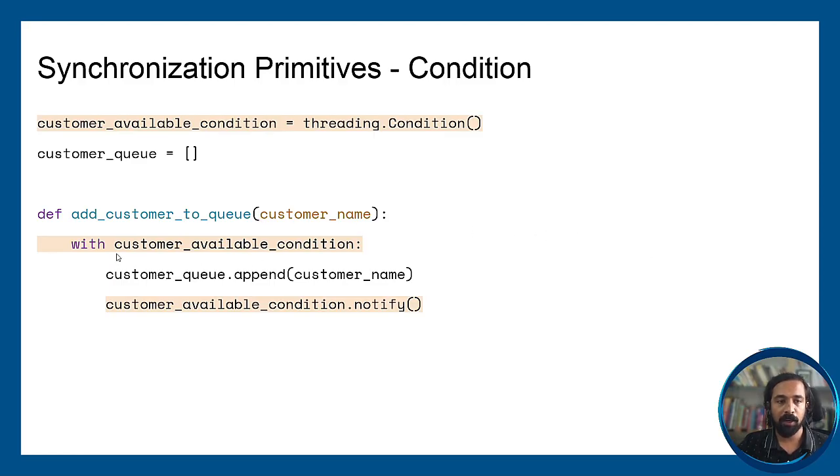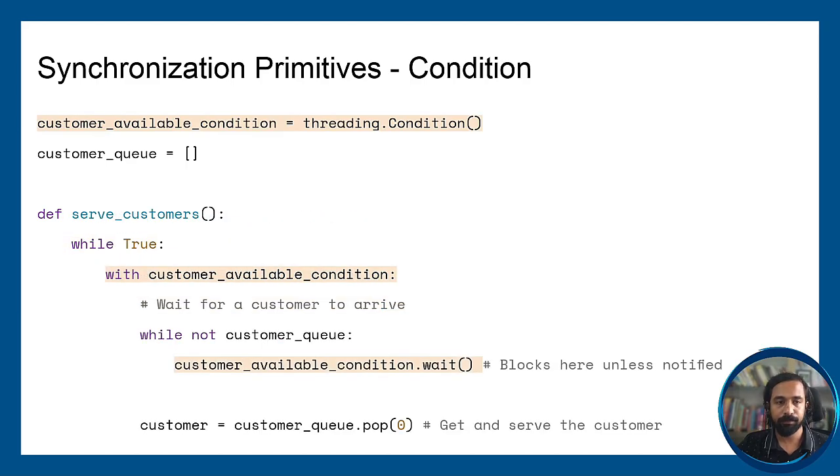Here we are using the with statement with our condition object. This acts as a lock in this scenario. Then we are appending a new customer who arrives to this queue, and we are calling the notify method on the condition object. We will see its usage in the coming slides.